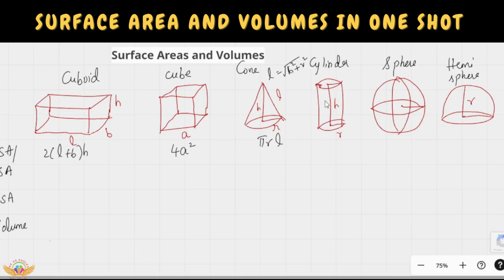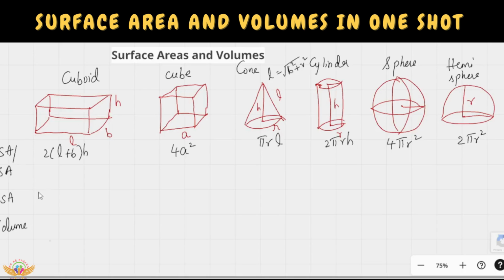So this is pi r L. Coming to the cylinder, it is 2 pi r h, and the sphere, it is 4 pi r square. The area of a circle is pi r square, so 4 sides, 4 pi r square. And for the hemisphere, only the top, so just the curved surface area, only two sides, we are cutting it, right? So it is 2 pi r square.